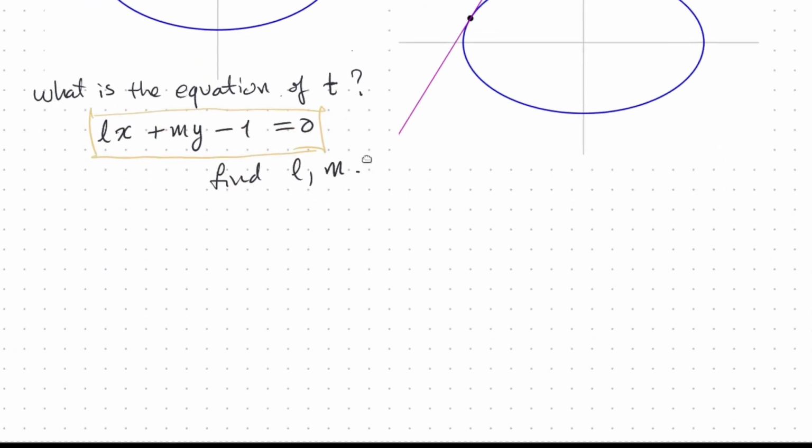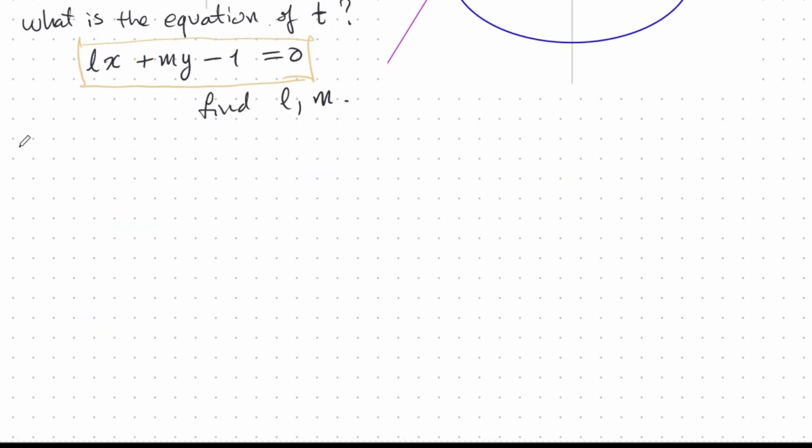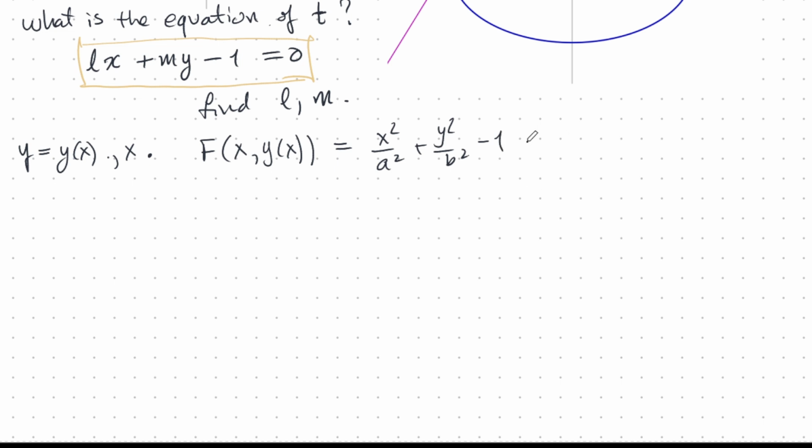Let's make some room here. I will consider that my y is a function of x, and x is an independent variable. And so this function here, x squared over a squared plus y squared over b squared minus 1, if I set this to 0, can be considered an implicit definition for y.